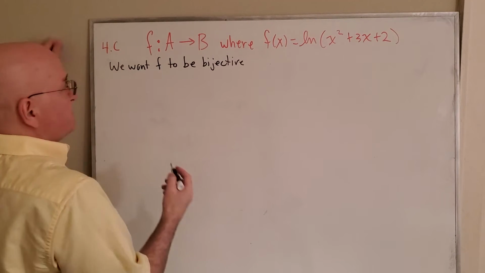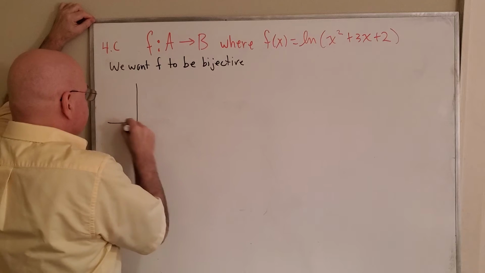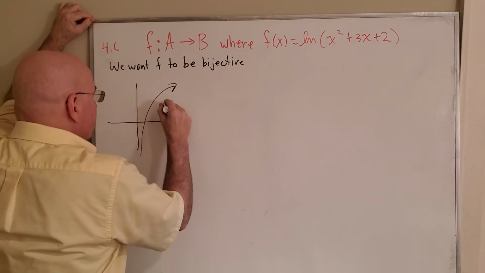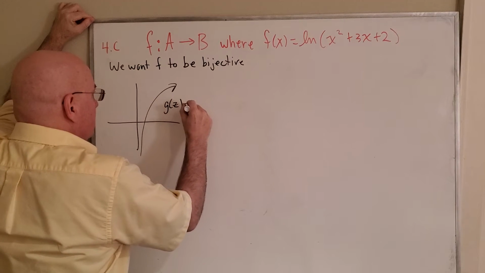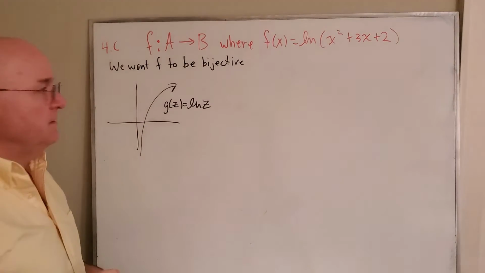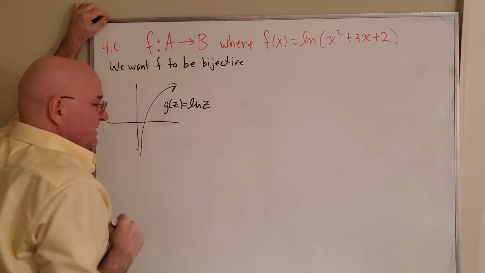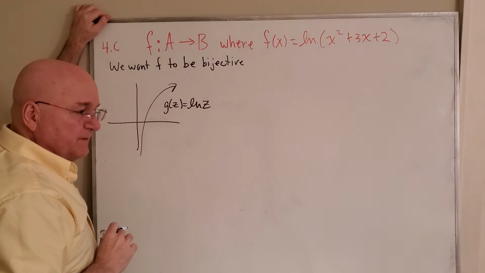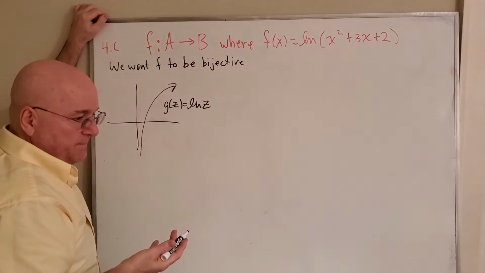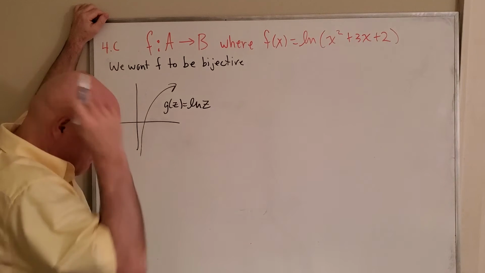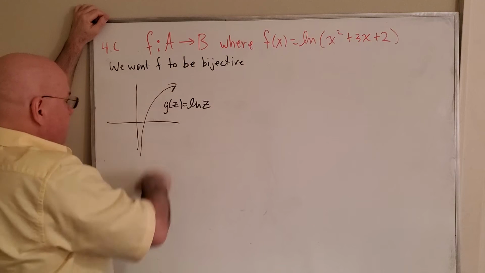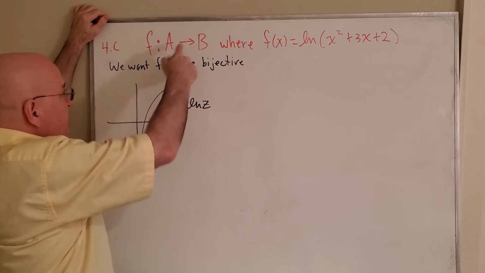Okay, well, let's review a little bit. What's that graph? That is the graph of g of z equals ln z. That's the graph of the natural log. This is certainly a one-to-one function. If you say it's going from reals into reals, then it wouldn't be, well, the image of this, the range, is negative infinity to positive infinity.